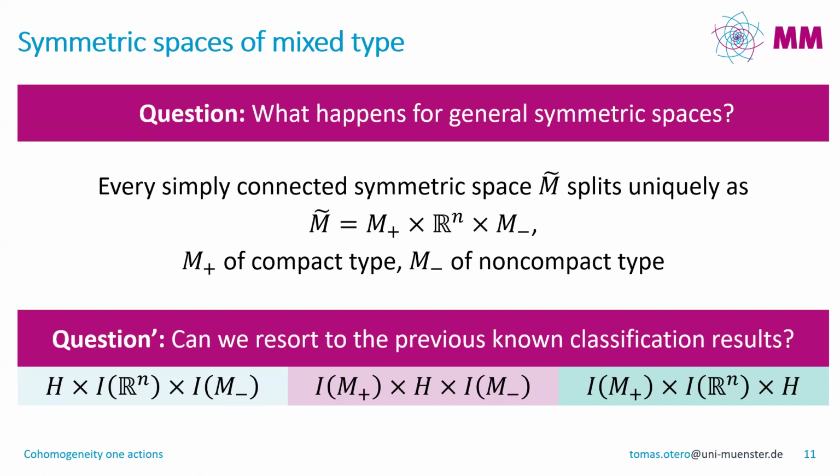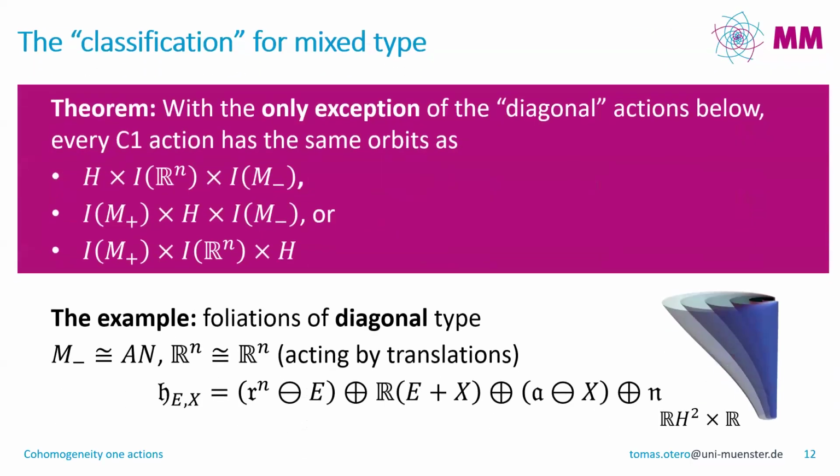And the question is, are all actions obtained this way? And so do the previous classification results already cover any simply connected symmetric space? And the answer is: not, but quite.